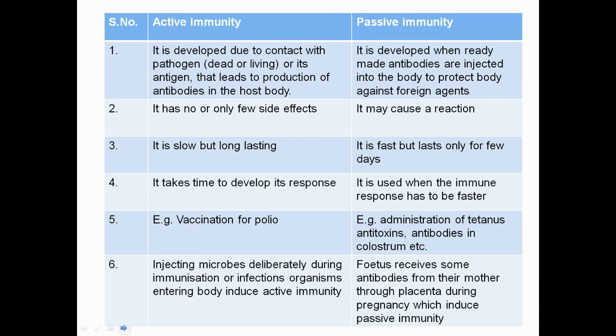Now we have two types of immunity again, on the basis of antibody production or ready-made antibodies we can also inject. First of all, active immunity is the kind of immunity developed when a pathogen, dead or living, is introduced into our body, and our body secretes lots of antibodies.